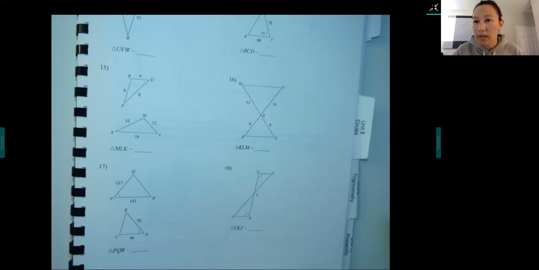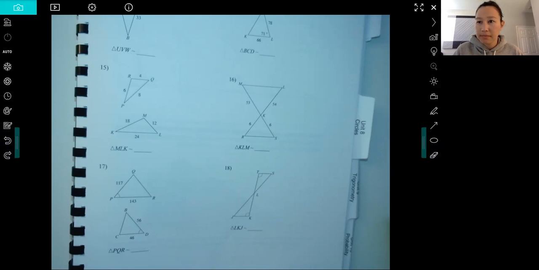Darn it, my camera's frozen. Okay, I'm going to have to stop sharing really quick and reopen it.